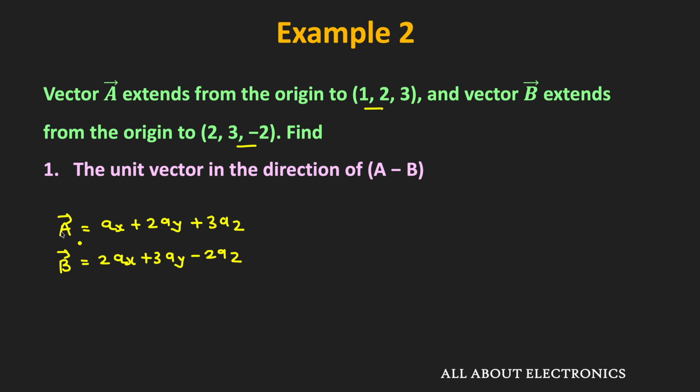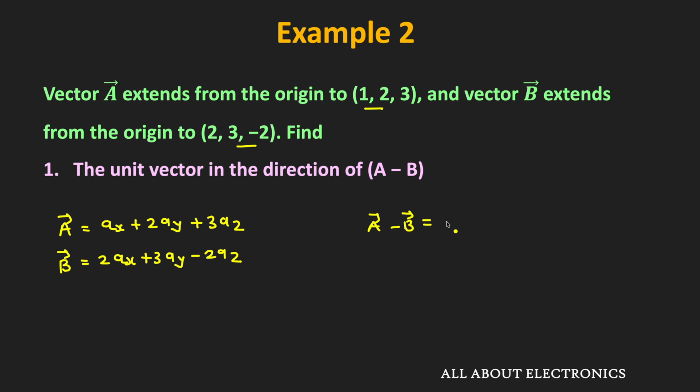That means these are the representations of the vectors A and B. To find the unit vector in the direction of A minus B, first we need to find this vector A minus B. It can be found by subtracting these two vectors component wise.